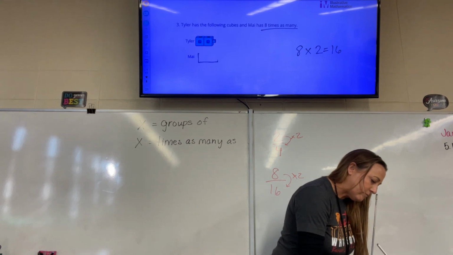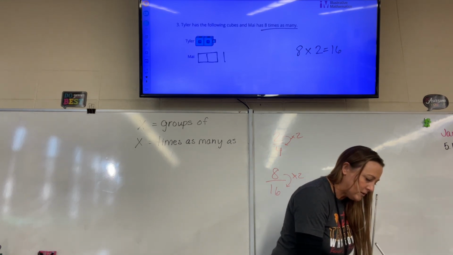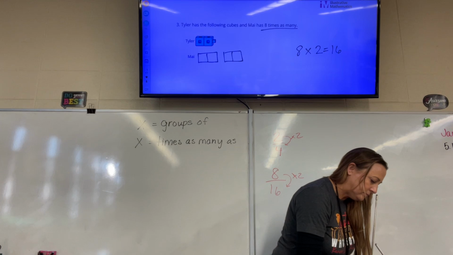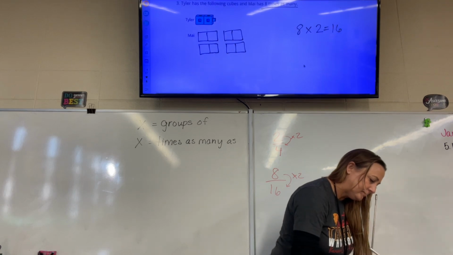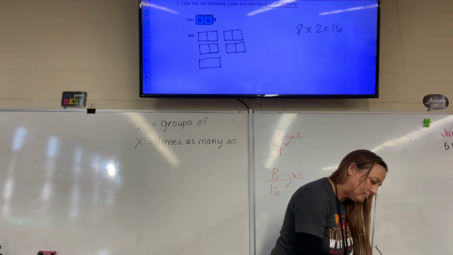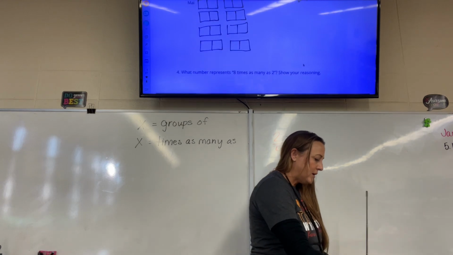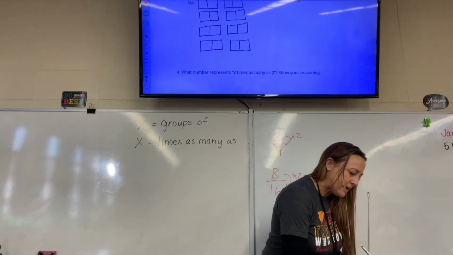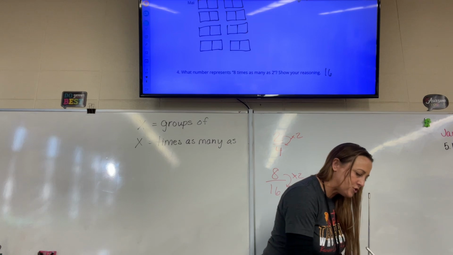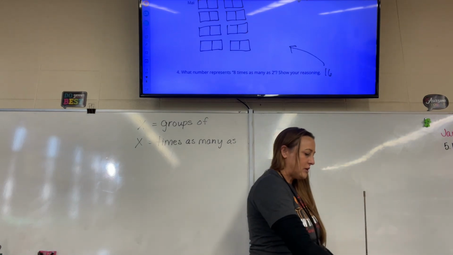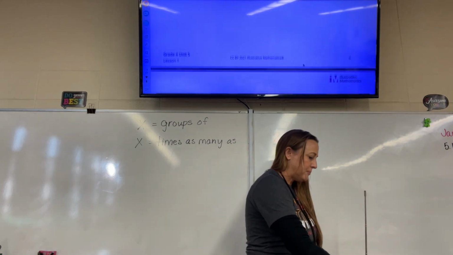So for Mai, 2, 4, 6, 8, 10, 12, 14, and 16. All right. What number represents 8 times as many as 2? 16. Show your reasoning. We're going to draw an arrow to our diagram.